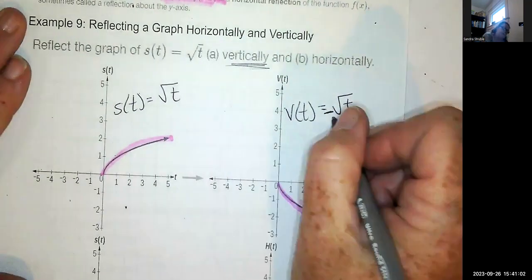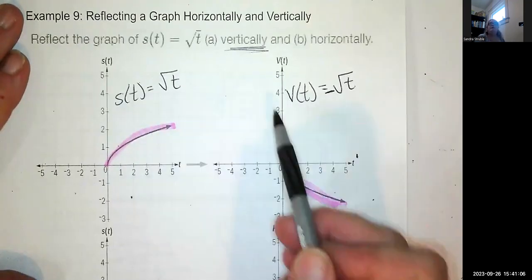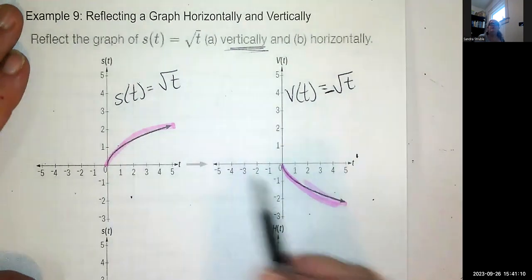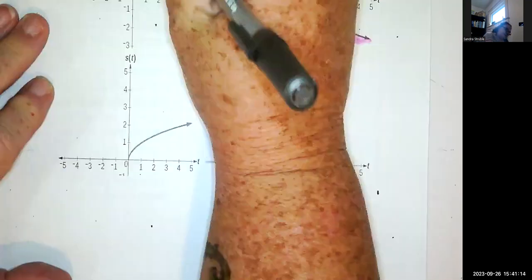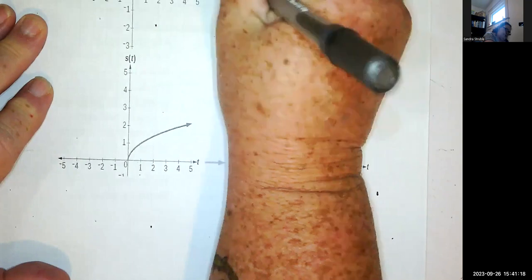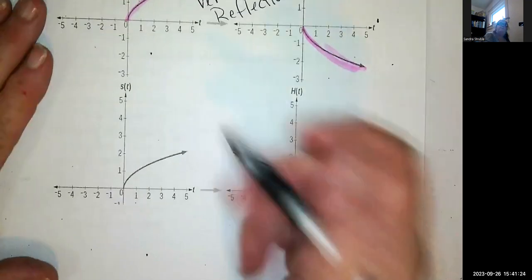So again, if you put in y equals square root of x and y equals negative square root of x, you will see the reflection that is vertical. Let's move down to the next one. So that's a vertical reflection. The next one is going to be a horizontal reflection.